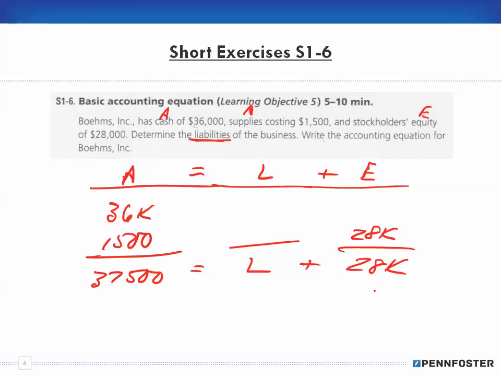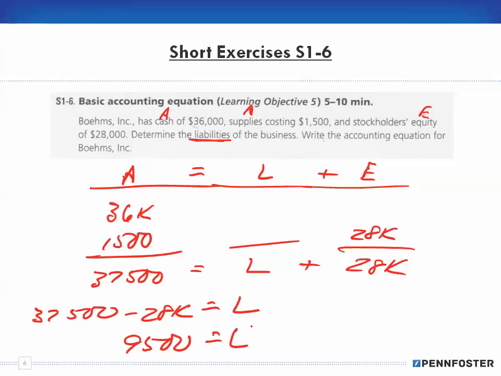I want to isolate my liabilities. I do that by taking the 37,500 and moving the 28,000 across the equal sign, which makes it a negative 28,000, and that will equal my liability. That amount ends up being $9,500. So I would plug in the $9,500 here as part of my accounting equation.